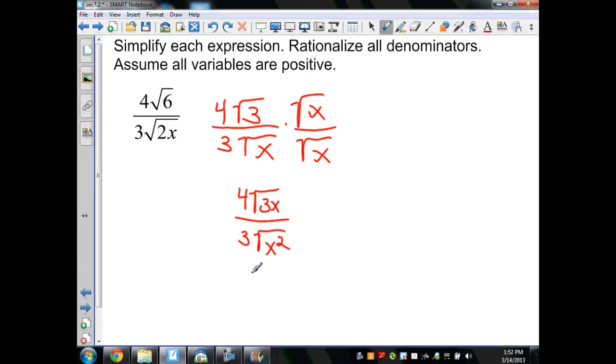And when I simplify, 4 square roots of 3x over 3, the square root of x squared is x. And these two values cannot simplify because the numerator is under a radical while the denominator is not.